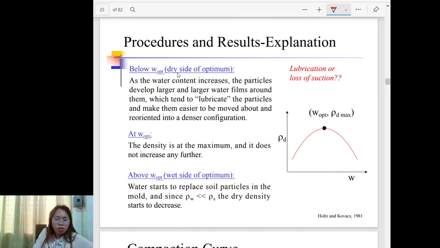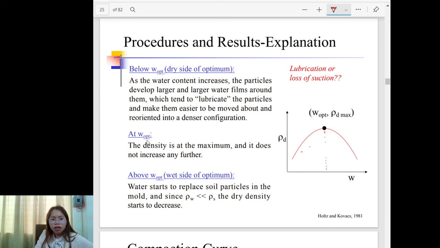So below the optimum moisture content, the dry side, so on this part here, the particles develop larger and larger water films around them, which tend to lubricate the particles and make them easier to be moved about and reoriented into a denser configuration.